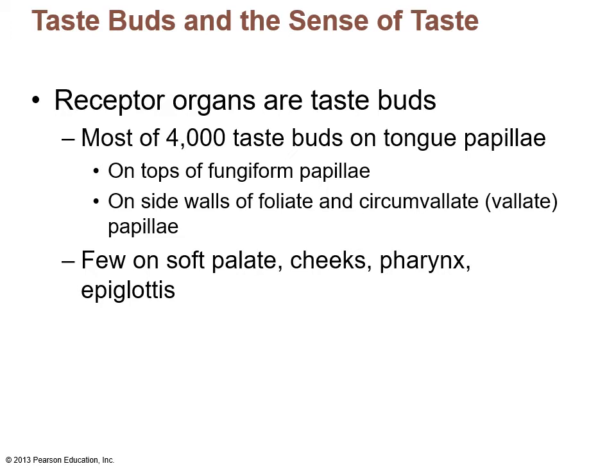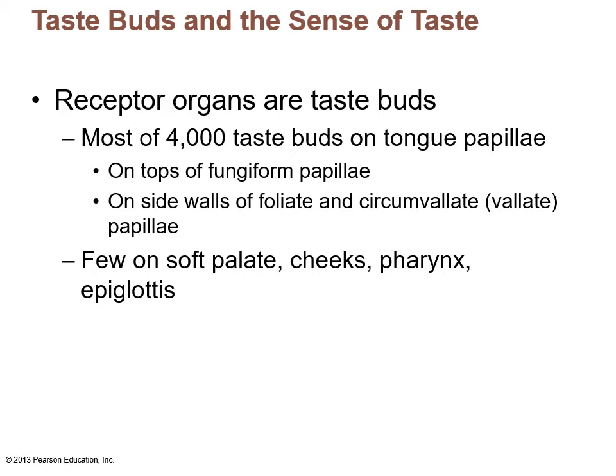There are about 4,000 taste buds on the tongue, and they're in structures called papillae. You have fungiform papillae on the top of the tongue. On the side walls of the tongue, you have what are called foliate, and then in the back part of the tongue, you have these taste buds that are called circumvallate papillae.